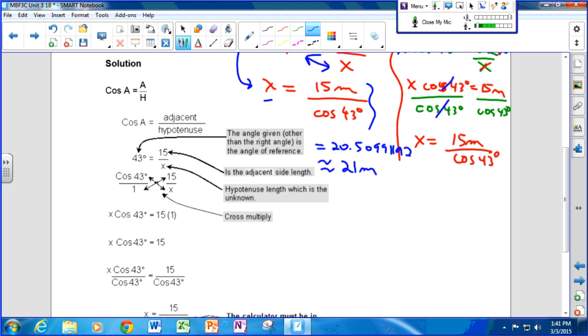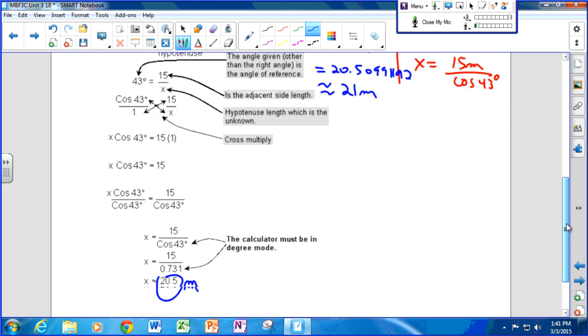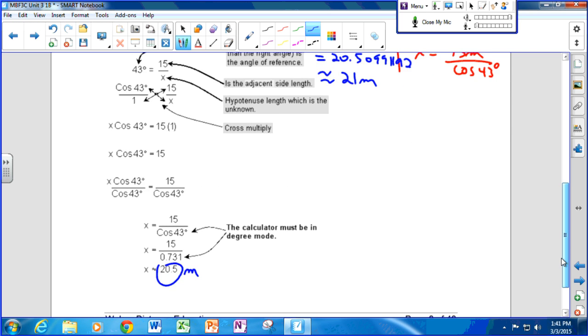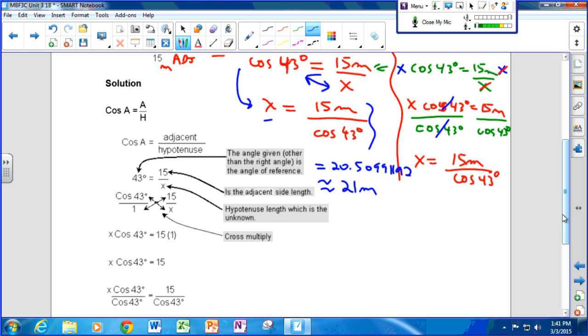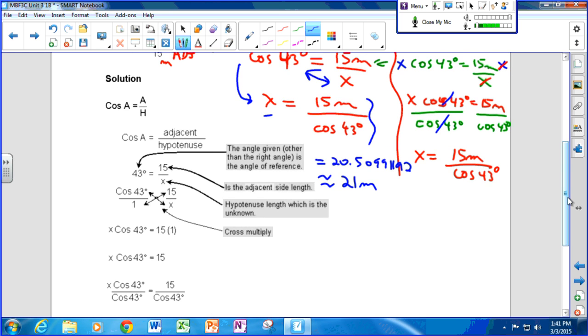Everything's to the nearest whole unit, and you'll notice that they give it with one decimal place, which is kind of wrong. I give it with a whole number, and the difference between 21 and 20.5 is not that much. When I'm marking something like that, I'm looking for your solution. If it was 21 or 20.5, you'd get the mark. If it's 20.5, I might point out that you're showing too many digits of precision.